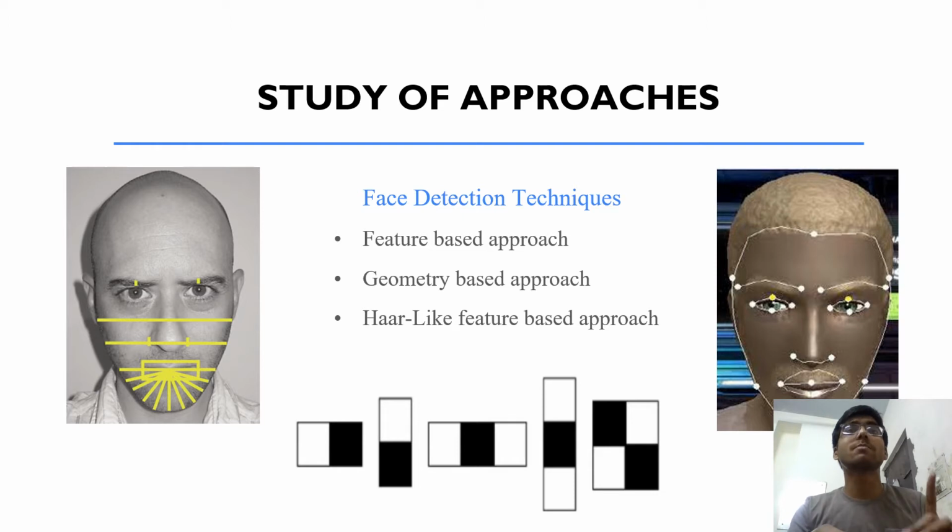And the third and the most important one is Haar-like feature-based face detection. It works on the principle of five rectangles, which can be slightly rotated over the entire face, and that looks for five regions of the image: up, down, left, right, horizontally middle, vertically middle, and diagonally, as we can see in the image too. In these rectangles, the dark and light regions work on the fact that the area belonging to the eyes is generally darker than the cheeks, whereas the region of the nose is quite bright.